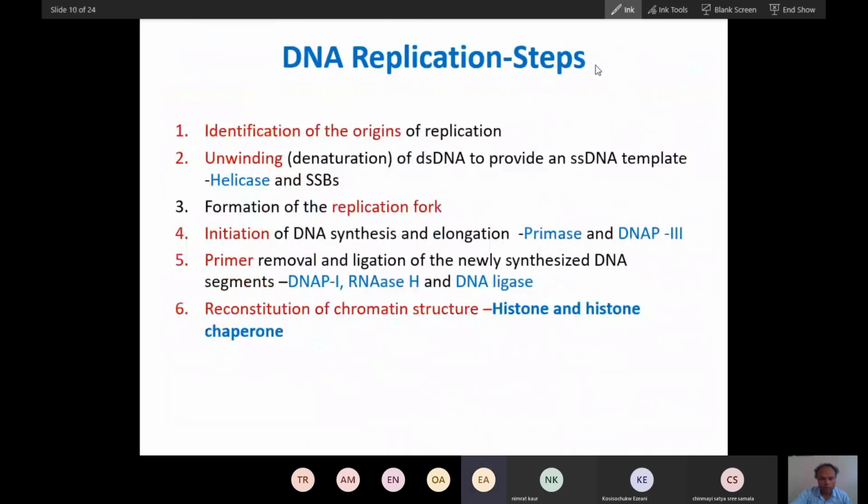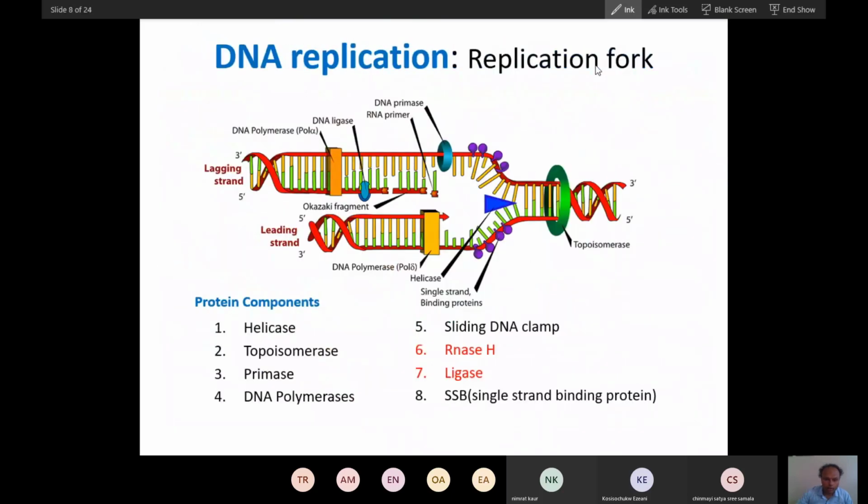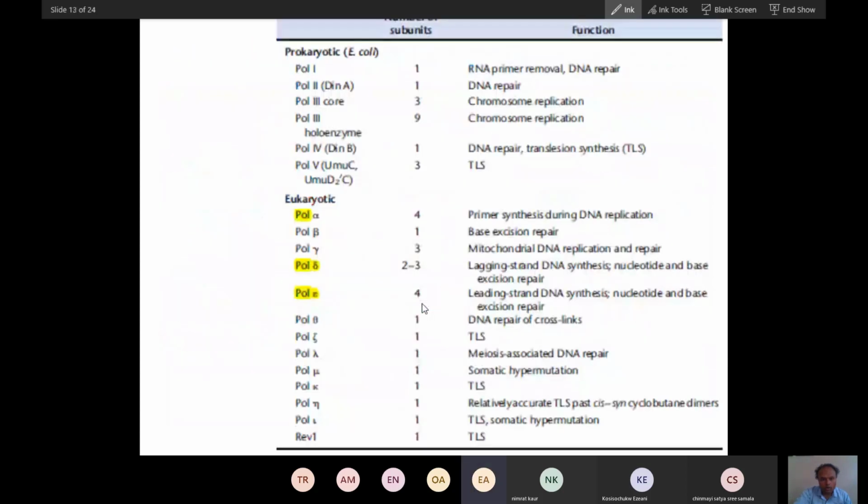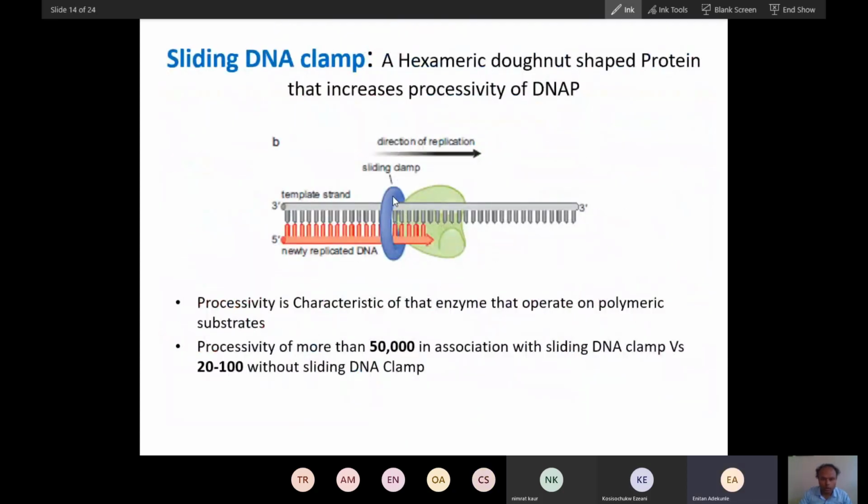I have to talk about DNA sliding clamps. DNA sliding clamps are proteins which actually hold the DNA.